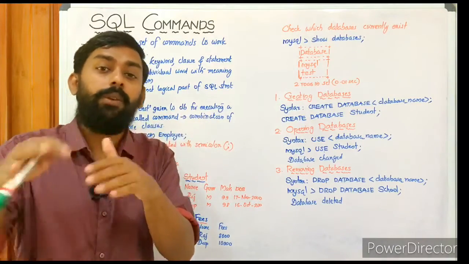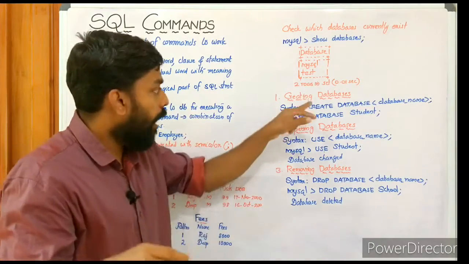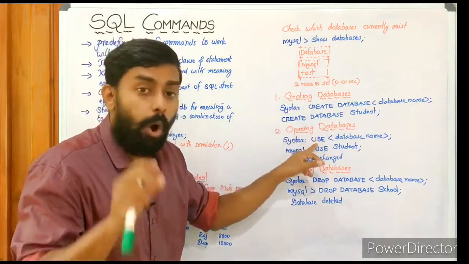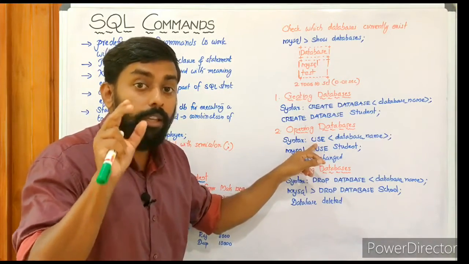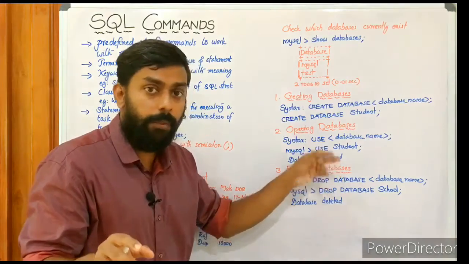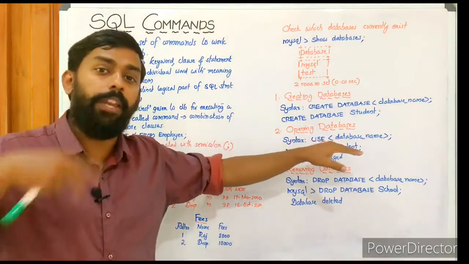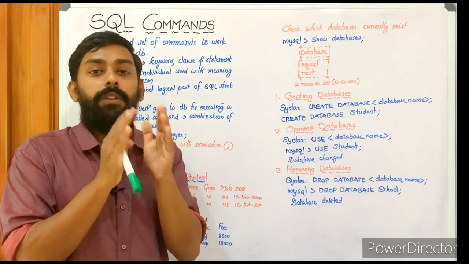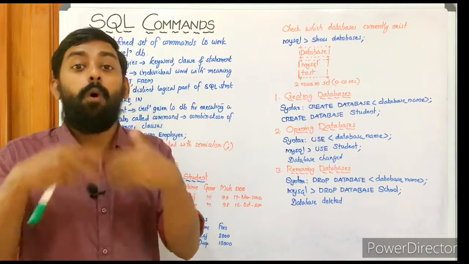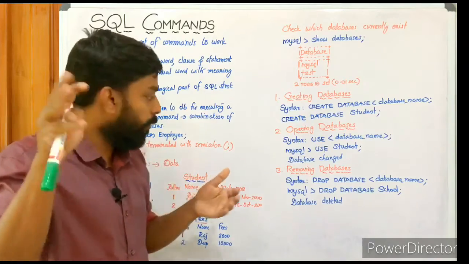Only after that can you create tables on that database. So after creating a database, you have to open it using the use command. Use student shows database changed. This way we can open it for performing any operation, like creating a table.